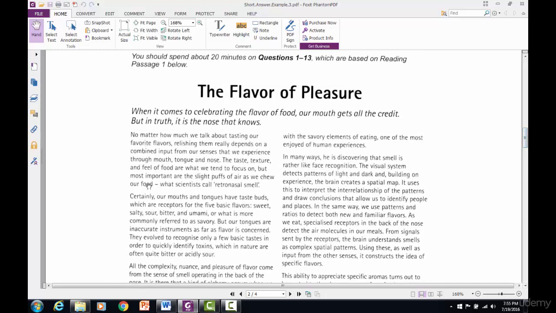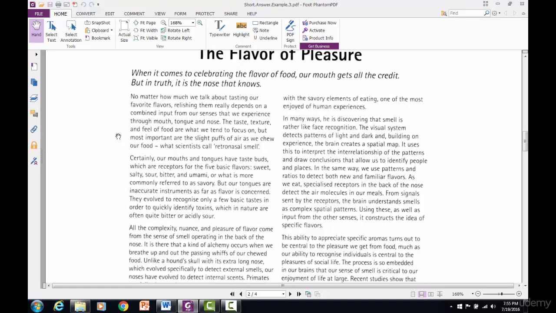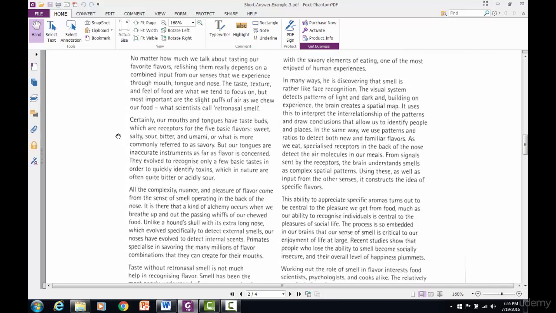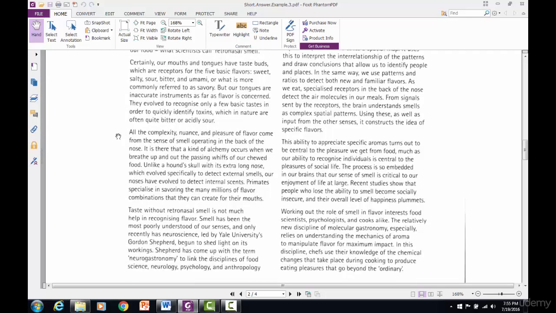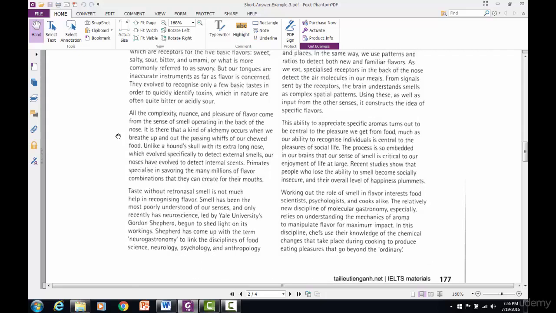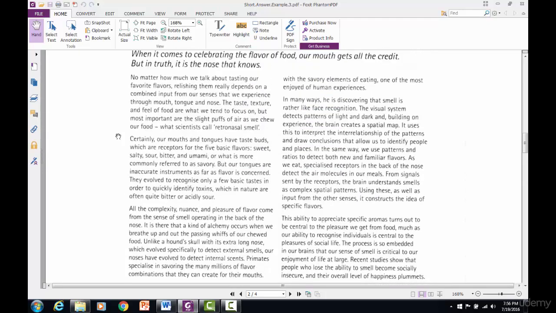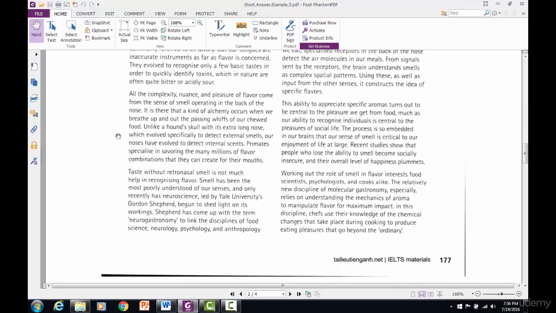I'm starting right here and scanning down. We're scanning, and we're looking for odor objects. I don't see it yet, but we're scanning for it.